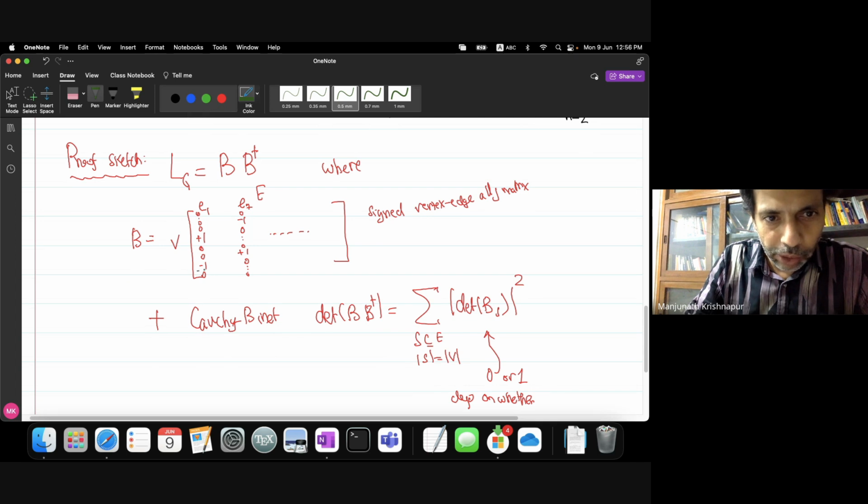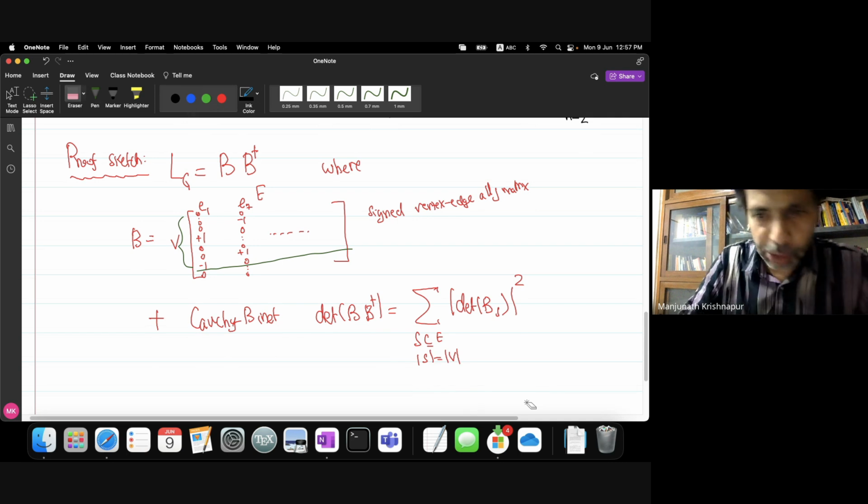So we have to remove one row and one column, but the same thing is true. If we call this part B tilde, LG tilde will be B tilde B tilde transpose. And those will give me zeros or ones depending on whether we have a spanning tree or not. But I don't want to explain. But anyway, now that you know the names, you can probably look up the proofs in detail.